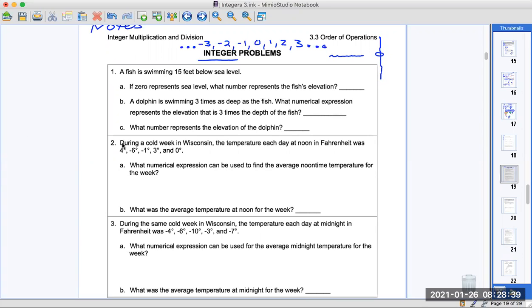And then we have the negative numbers below sea level, and the positive numbers above sea level. Does anybody know what level we are here in Pine Valley? What's our elevation? 4,000 feet above sea level means we are at a plus 4,000. Now, if you go to the ocean and you dive under the water, you're going into a negative number because you're below sea level.